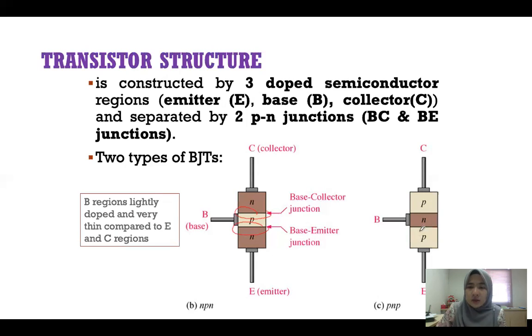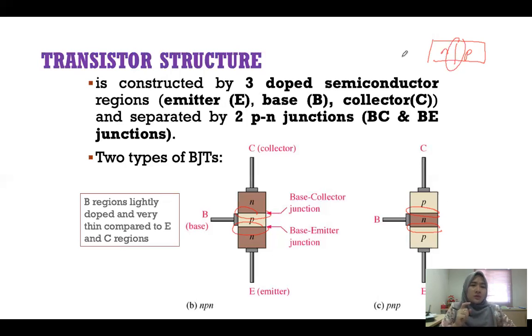Same for this one, you have P region, N region, and P region. Compared to the diode in chapter 4, you only have the N region and the P region, so only one PN junction. That is the difference between a diode and a transistor.